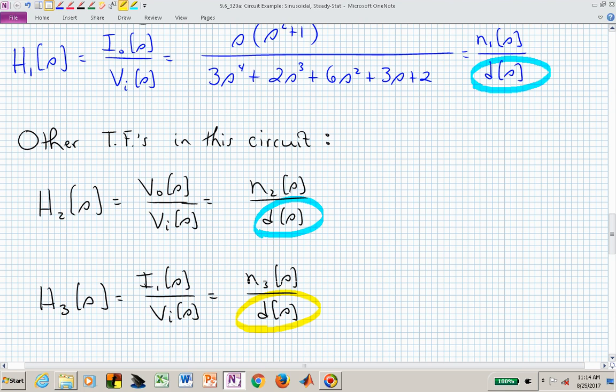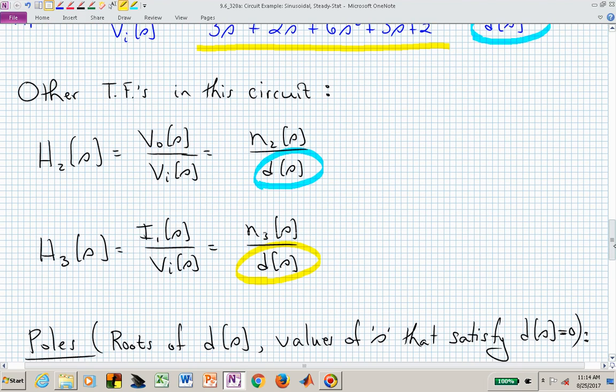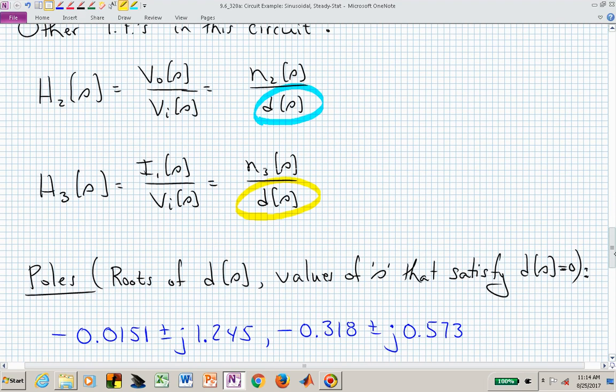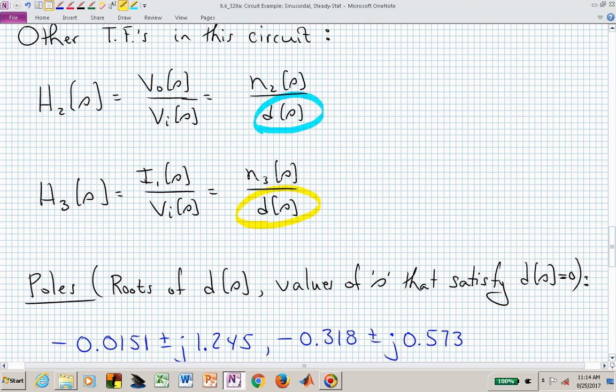So the way that this system naturally wants to move, if we hit it with an impulse, we would see the natural modes of the system, and those are going to arise from the roots of that denominator, that fourth order polynomial. So the poles are the roots of d of s, the values of s that satisfy d of s equal to 0.